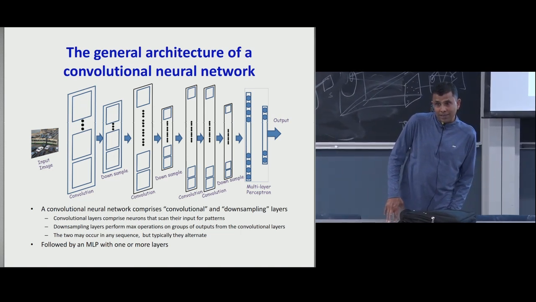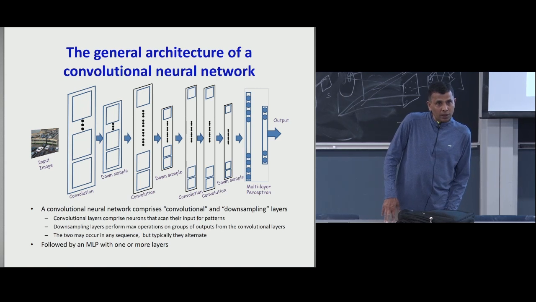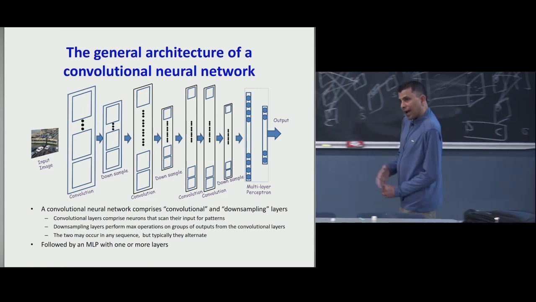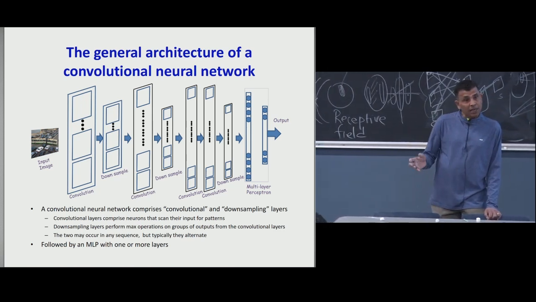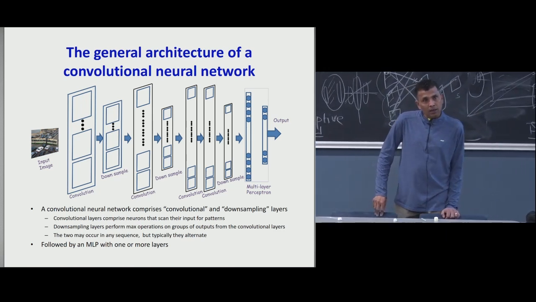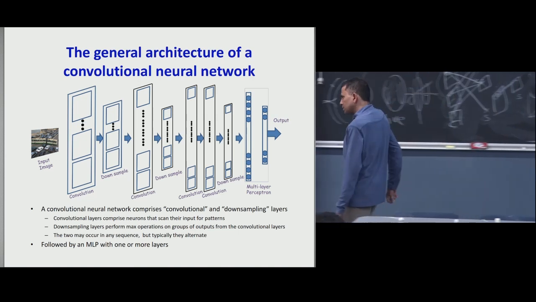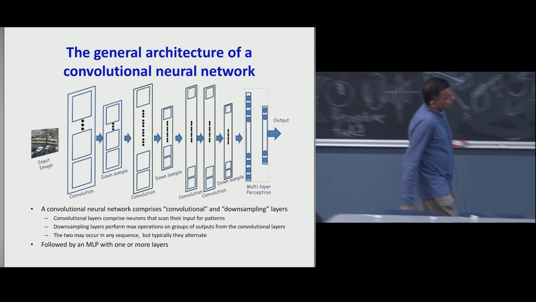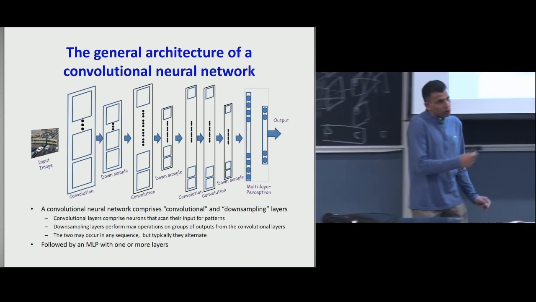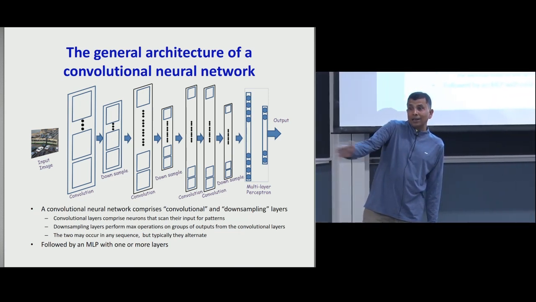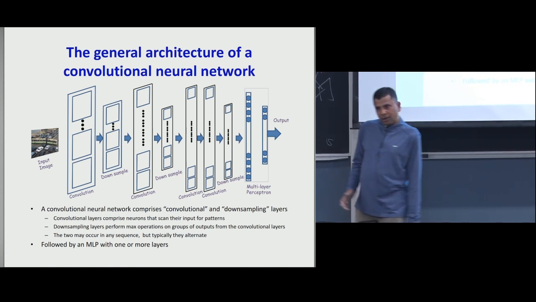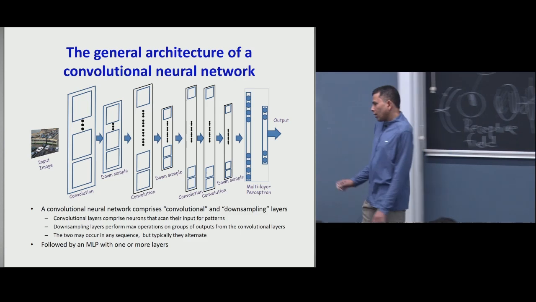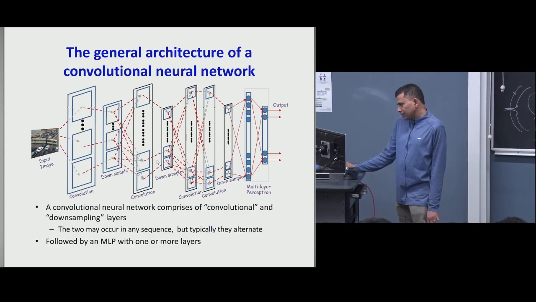You can have any number of S layers before a C layer occurs. The original model had one C layer after every S layer, but the downsampling can happen at any position in the sequence. And once you have got through all of these, the final downsample layer can be put through a single neuron or in fact an entire multi-layer perceptron, just so that you can actually perform pattern classification on it. This is the convolutional neural network.